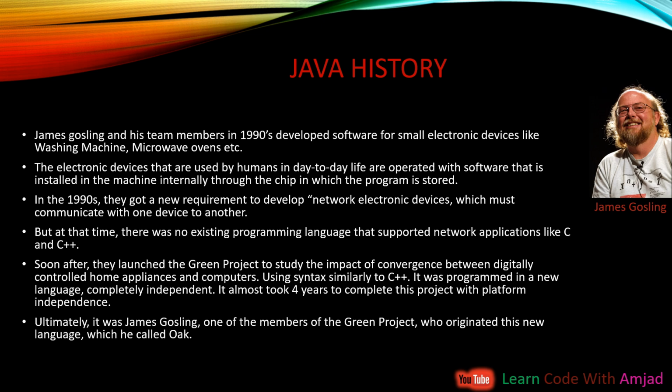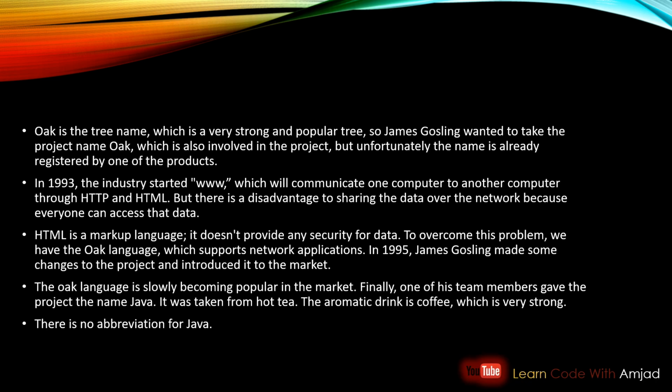In 1993, the industry started the World Wide Web, which communicates from one computer to another computer through HTTP and HTML. But there is a disadvantage to sharing data over the network, because everyone can access the data. HTML is a markup language. It doesn't provide any security for data.